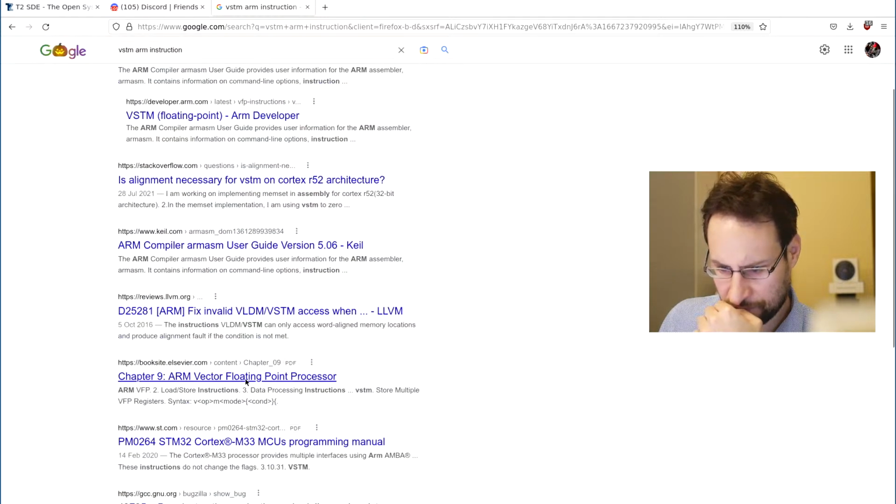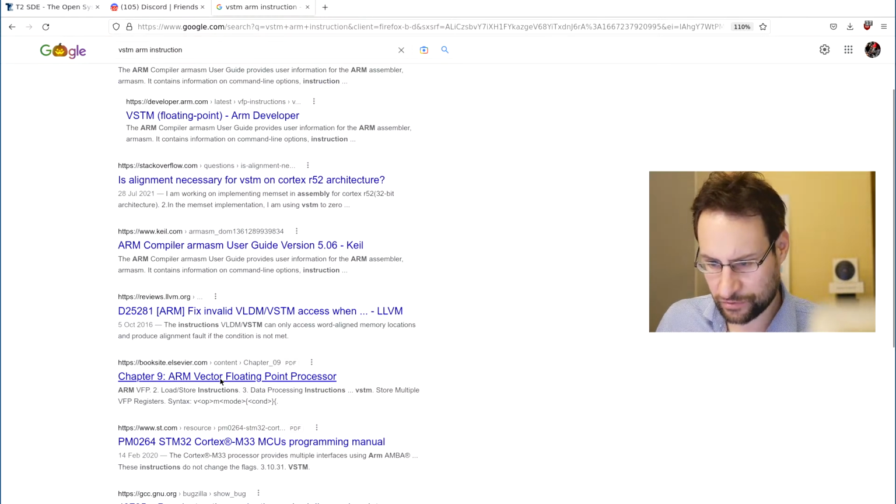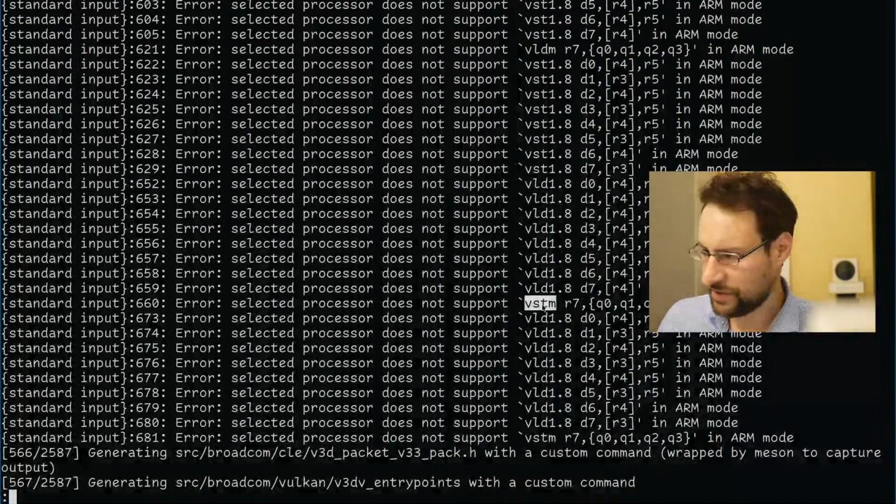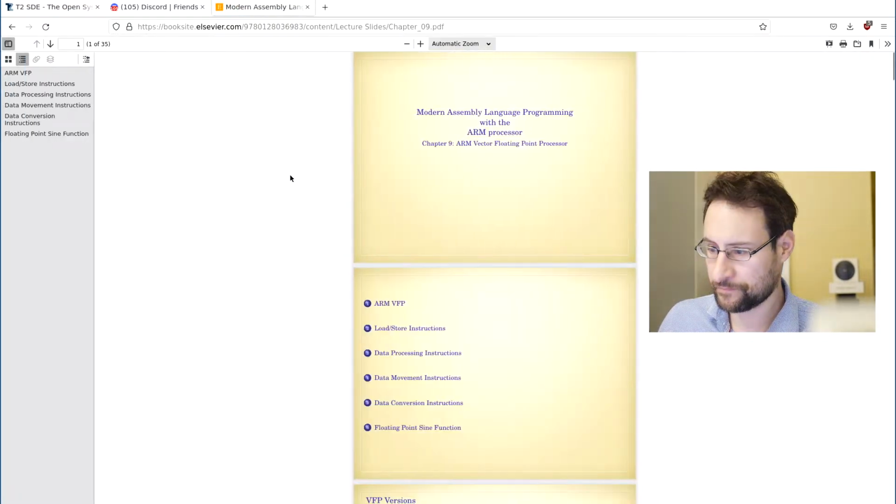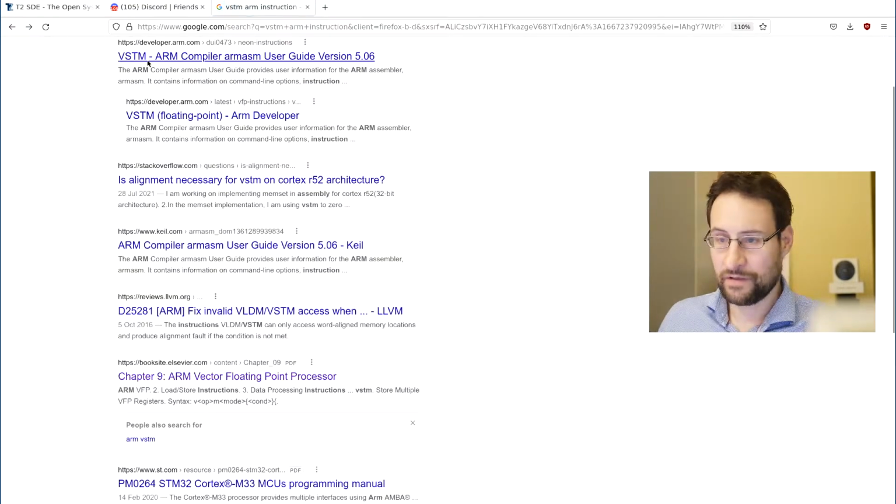Vector floating point, load and store. Actually, wait a second. Does not support selected process. Does not support.